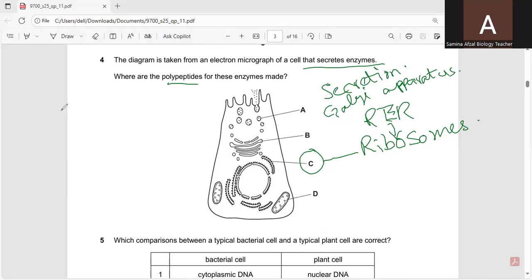And you can see that D is the mitochondria. Ribosomes are helpful for the formation of enzymes, or protein synthesis takes place with the help of these ribosomes. So C is the correct option because the ribosomes are present on rough endoplasmic reticulum.